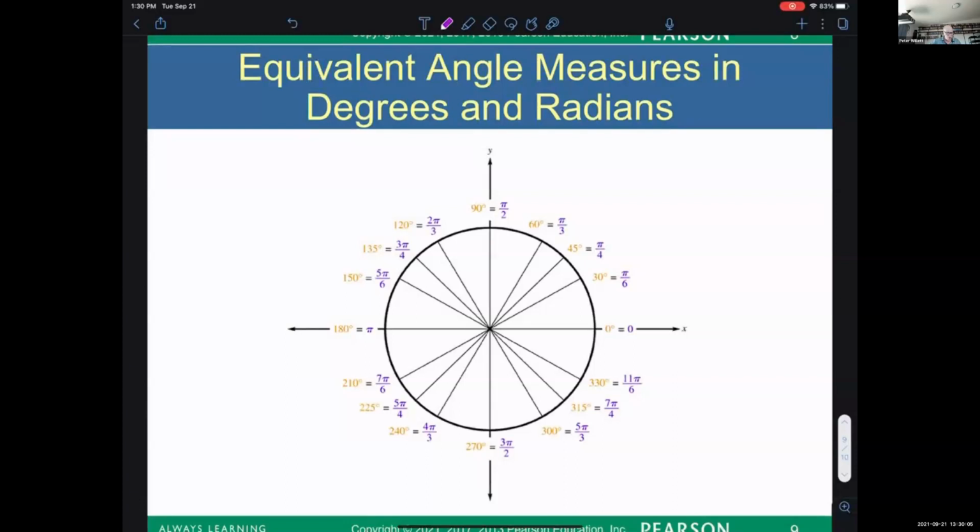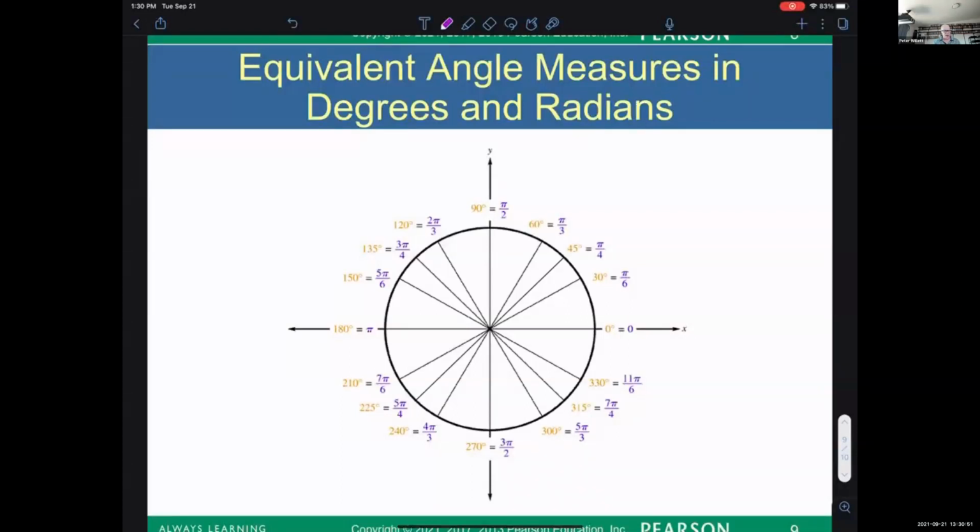They go all the way through a whole bunch of different angles, 30, 45, 60, 90, and then they keep going with those reference angles all the way around the circle, so that this is a very nice picture. When I was taking trig, I just kept looking at this picture many times. I would always go back and use this to convert between the two, because you could also visually see what's going on.